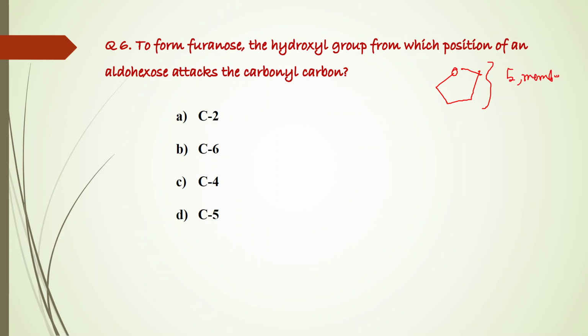This is your furan 5-membered cyclic ring. So you are forming furanose in case of aldohexose. From which position will the hydroxyl group attack the carbonyl carbon? This is your question. Please write it in the chat box, and then I will discuss the question in detail.